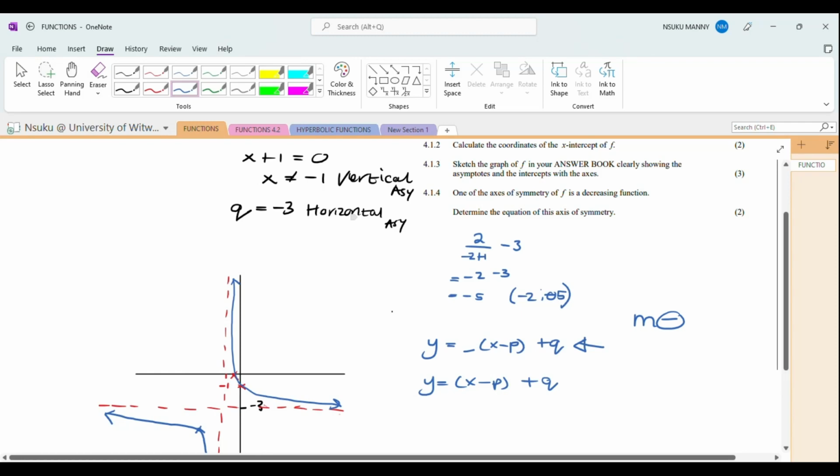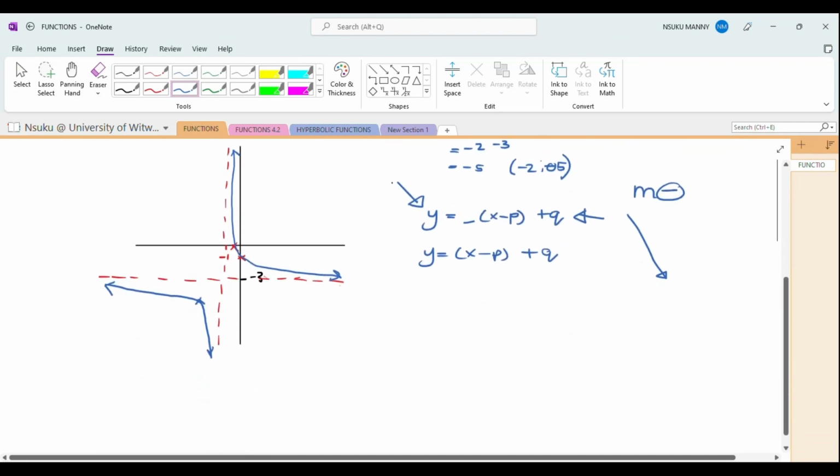And we know that with a straight line that has a negative gradient, the graph will look something like this, right? So for every value of x that we add, our y value will decrease. So that will be a decreasing function. So that tells us that we need to use this equation, which forms a decreasing function, in order for us to determine the decreasing axis of symmetry of the graph.